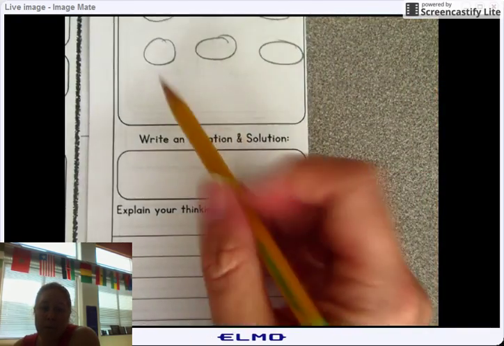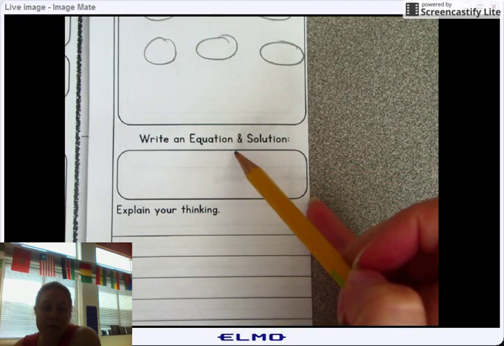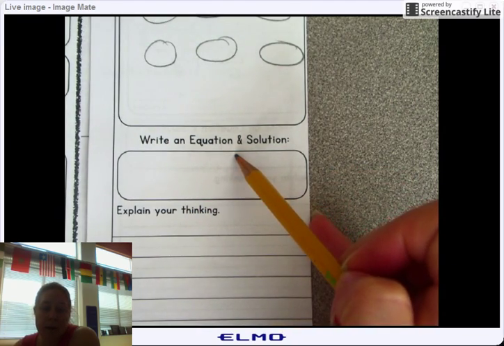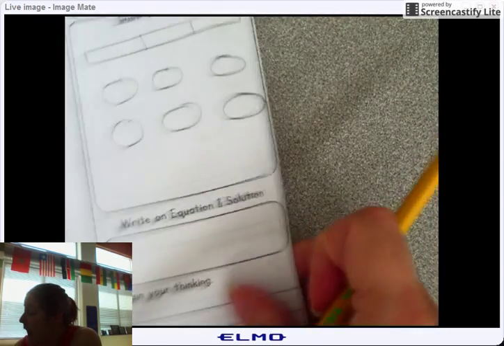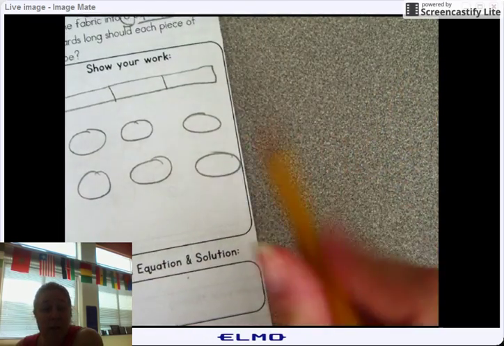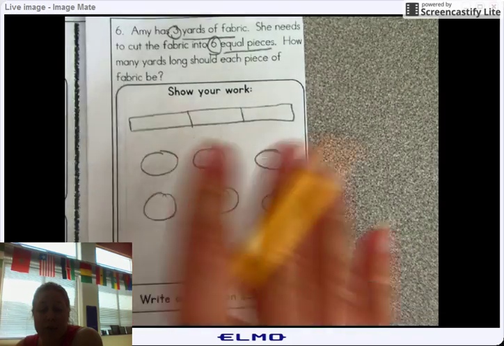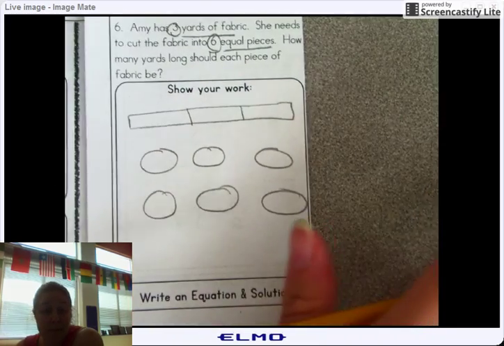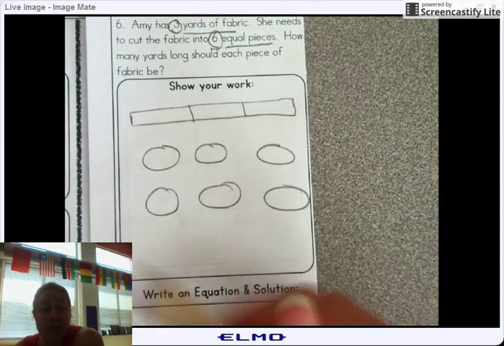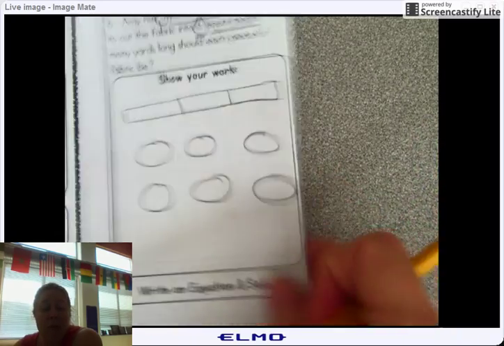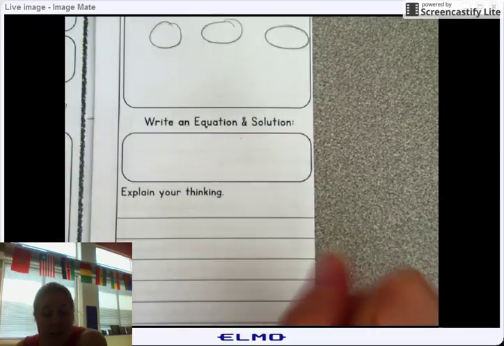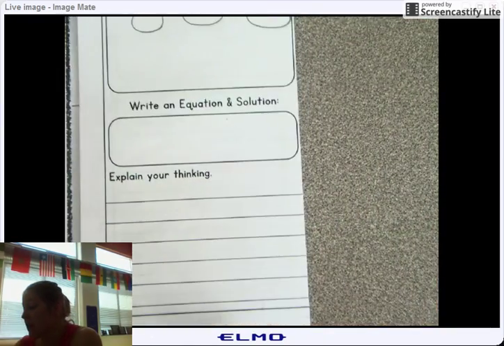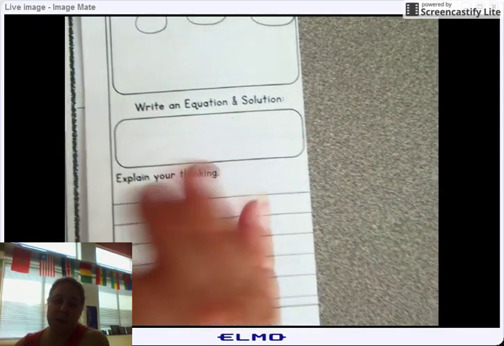Okay? Type in your equation. Take a moment to explain your thinking. And then I want you to type in your answer right now into your Edpuzzle. Type in what you got for this. And then before you hit submit, I want you to write and explain your thinking here so that you don't have to pause me, okay?